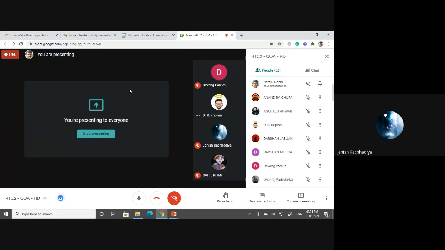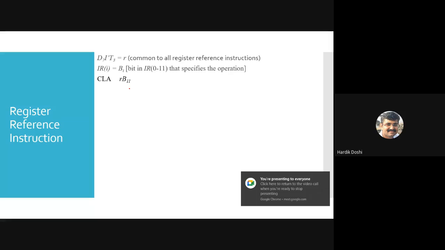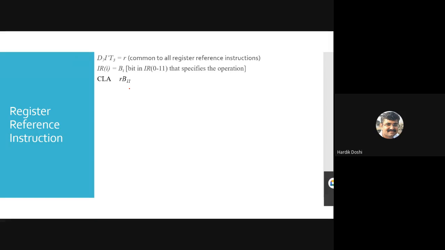CLA means clear accumulator, so AC equals 0. That means at time RB11, I am supposed to set the content of the accumulator to 0.